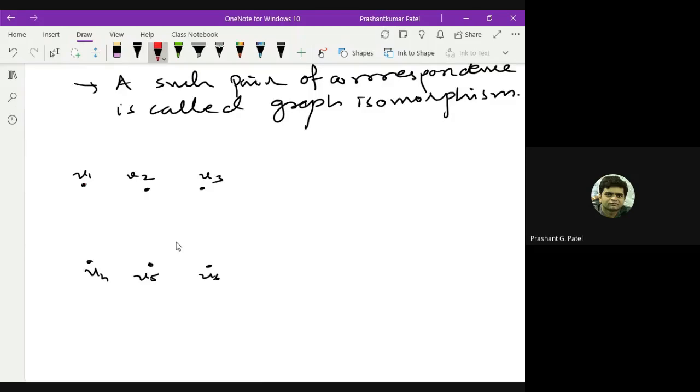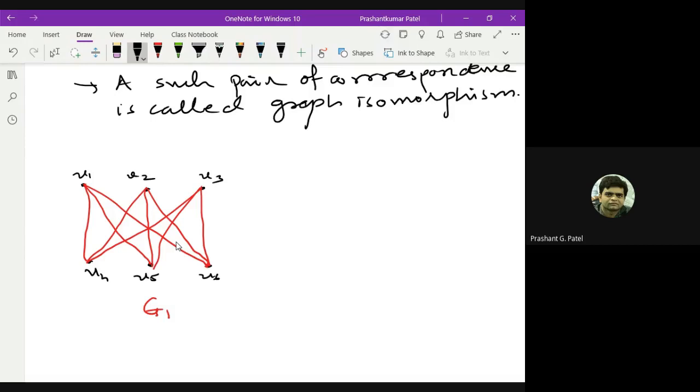I can plot this in this manner. So this is the graph G1.